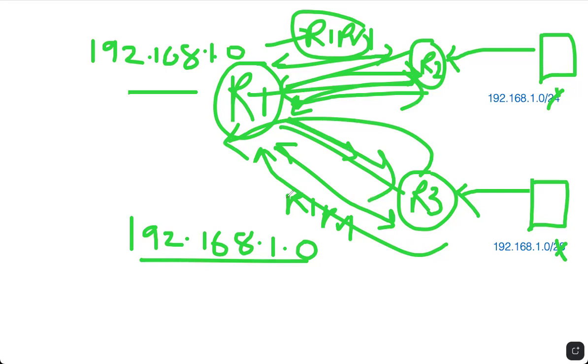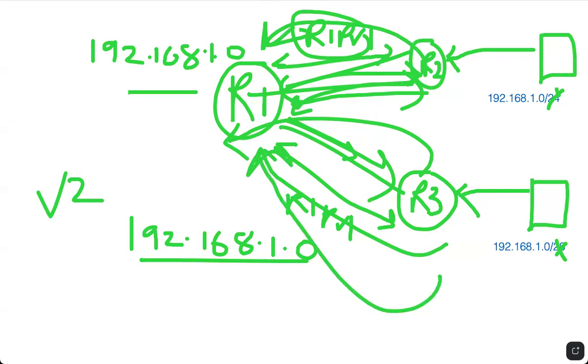It is very, very old. That's why they came with version 2. Version 2 is a classless routing protocol. It is capable of advertising the subnet masks, meaning when this router is sending information to this one, it will send 192.168.1.0/24.